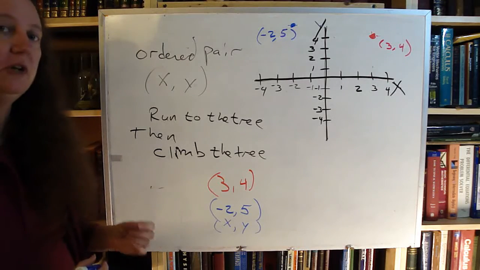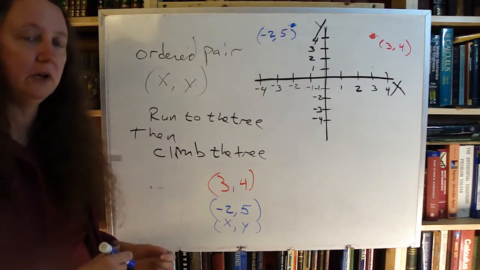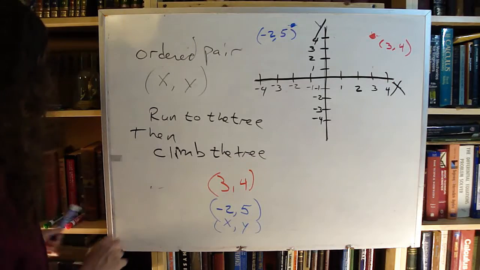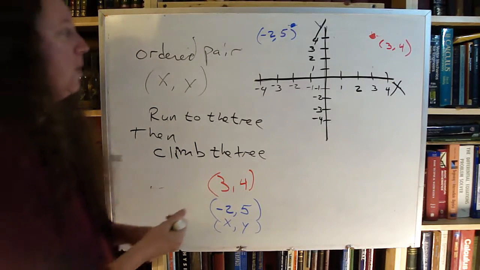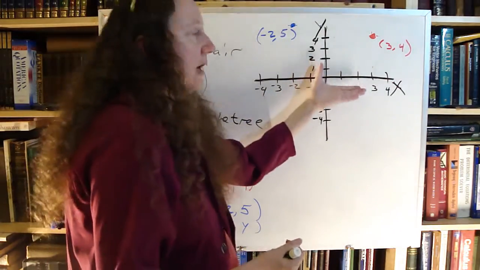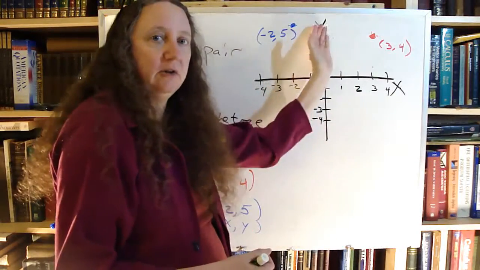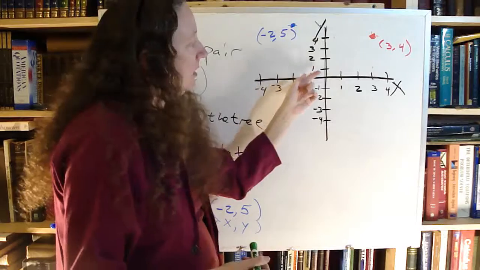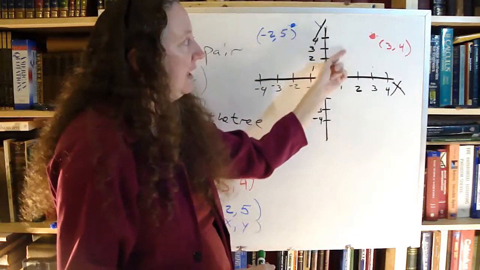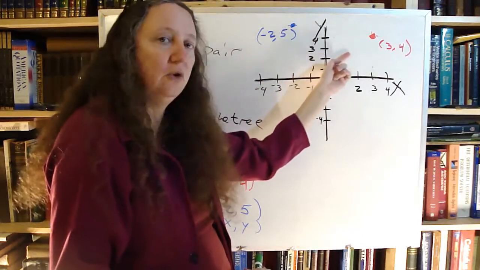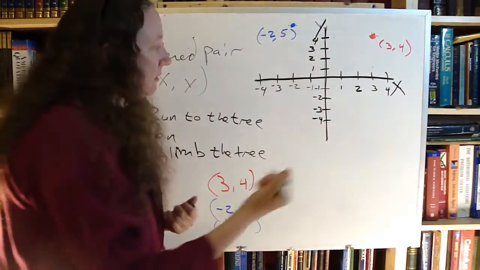One of the other things that you need to know is what quadrant these lie in. So looking at my quadrants, most of the time we're dealing with positive numbers. Positive x's, positive y's. So my positive x and positive y is going to be my first quadrant.